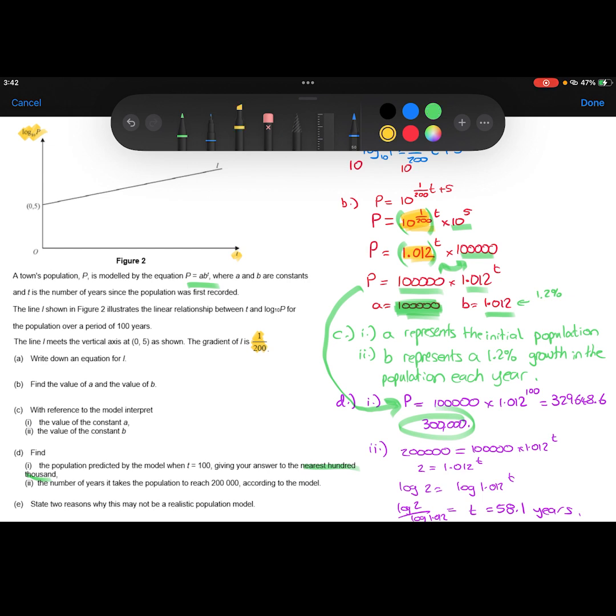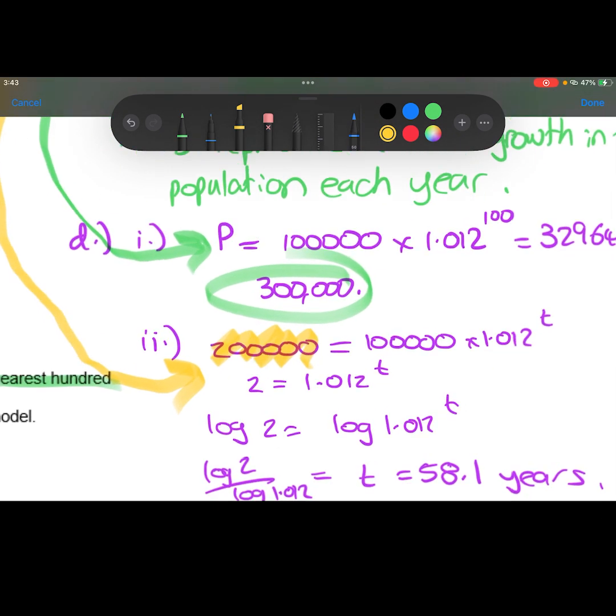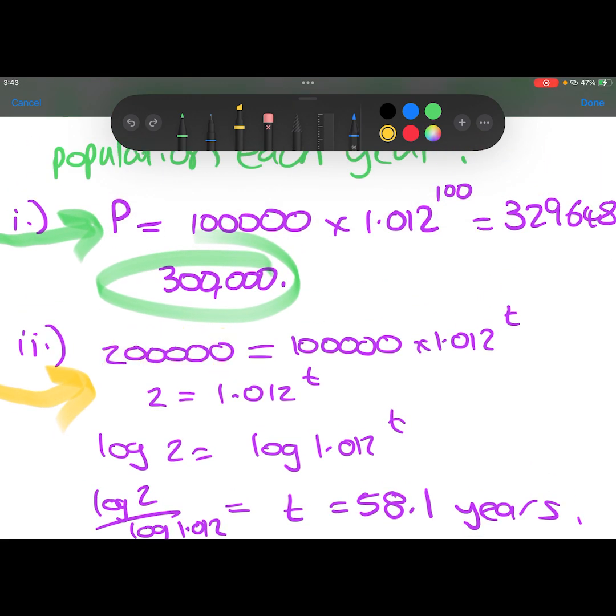Then we're told to find the number of years it takes to reach 200,000. So again, I've taken my equation for the model and I've made the population 200,000. Then, solving this equation, I've divided both sides by 100,000. So 200,000 divided by 100,000 is 2.